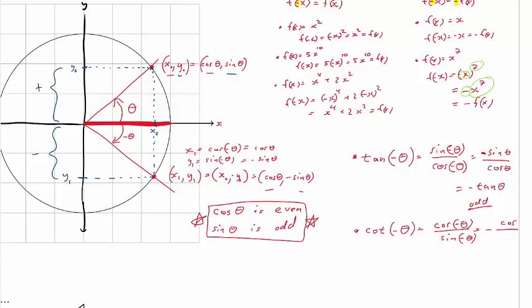And so it becomes negative cosine theta over sine theta, which is again going to be negative cotangent theta. So both tan and cotangent are odd functions.